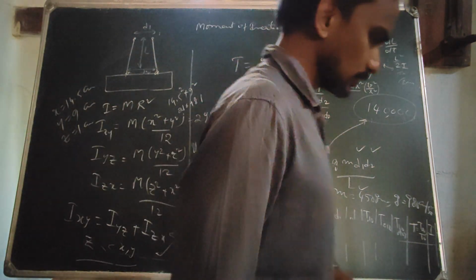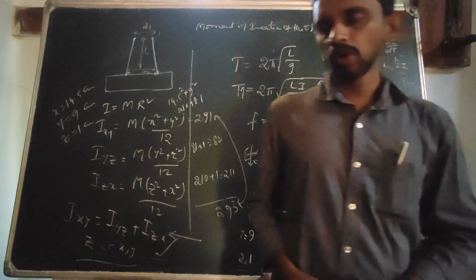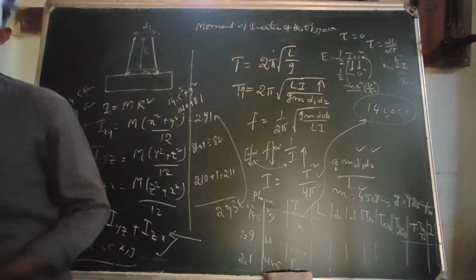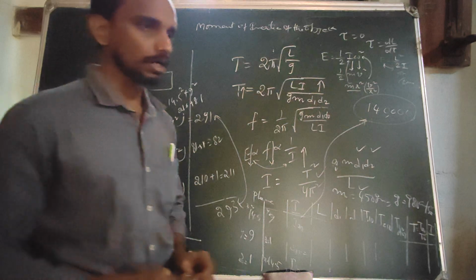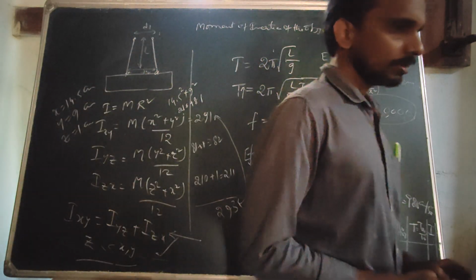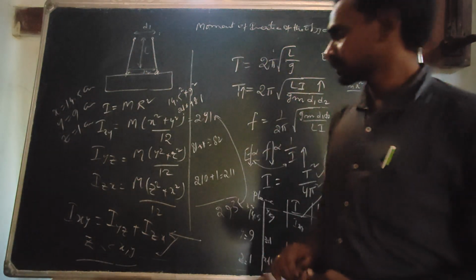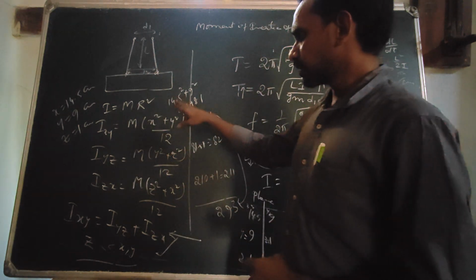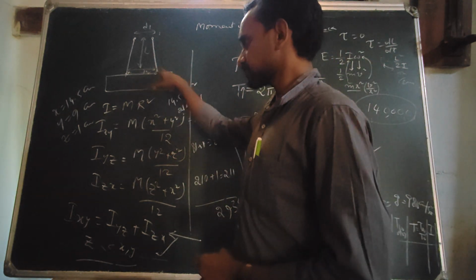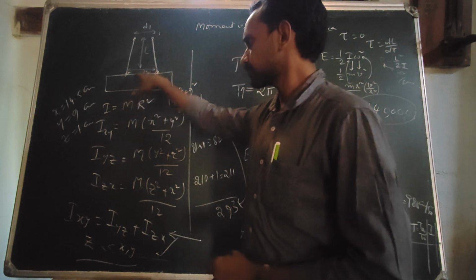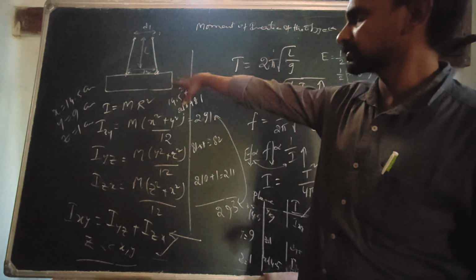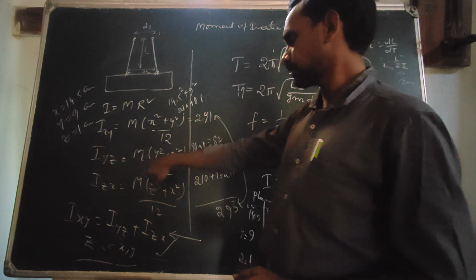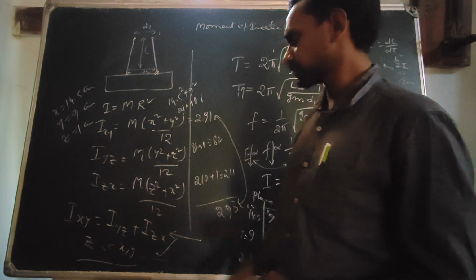So in total, the aim and agenda of this experiment is that moment of inertia is proportional to mass and area under rotation. We are considering the same metal block, but depending on the point of suspension, mass is constant. One time we are seeing the xy plane, another time the yz plane and the zx plane.